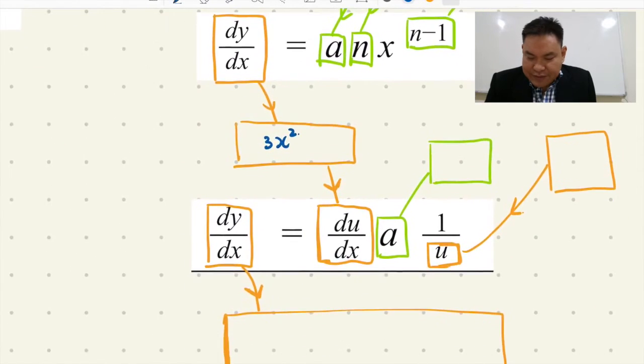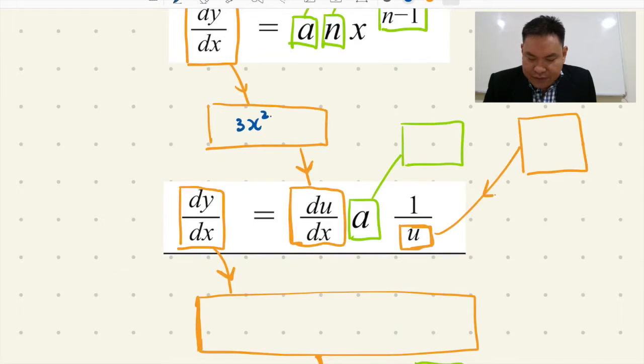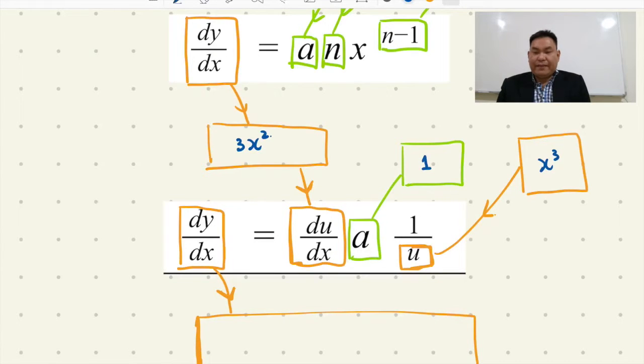That dy/dx of 3x squared is actually du/dx for formula B6, and for formula B6 a is equal to 1. U is not 3x squared but x cubed. Very simple. Now we just replace du/dx with 3x squared, a with 1 and u with x cubed.